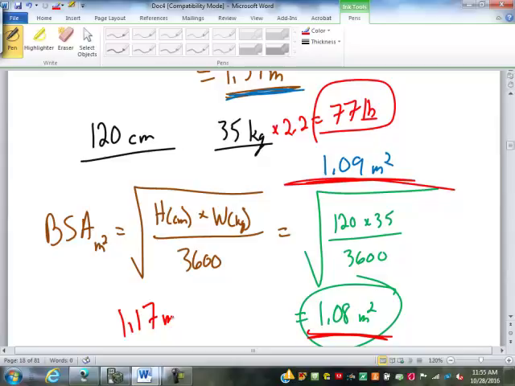Call it 1.17. This kid is actually, I would say, under height for their weight, because they're shorter, the formula gives a smaller body surface area. So if this is giving a larger body surface area than what we calculated from the formula, that is telling you that their weight is higher than what their height would allow. So they are overweight, or above weight for their height.